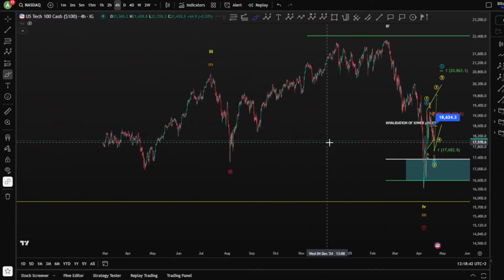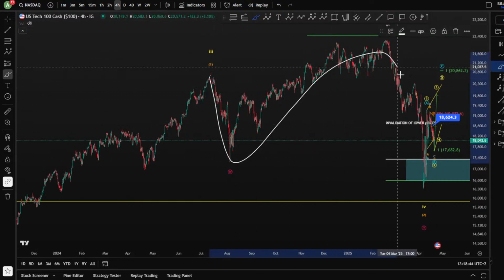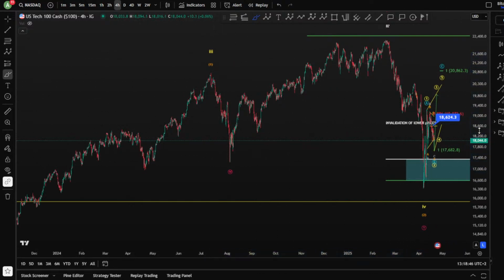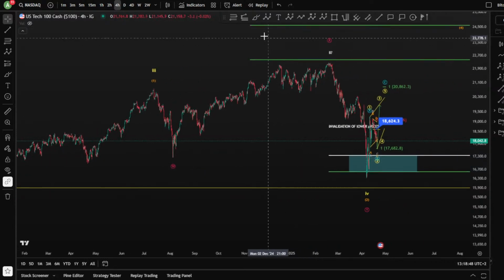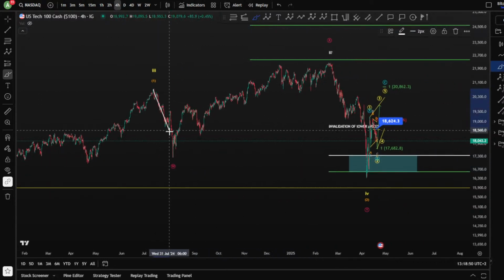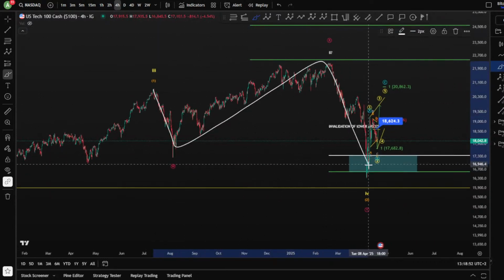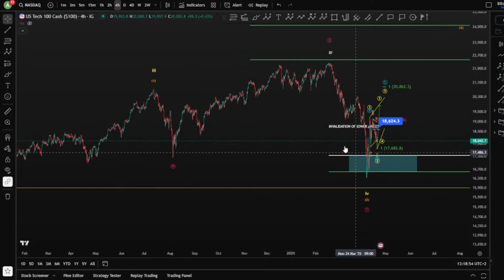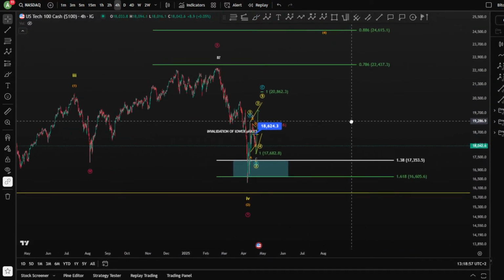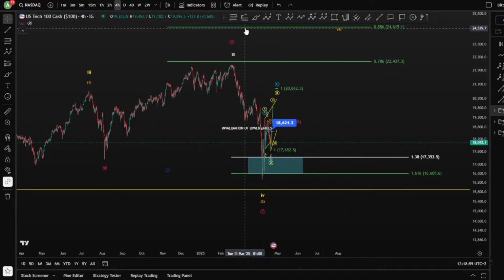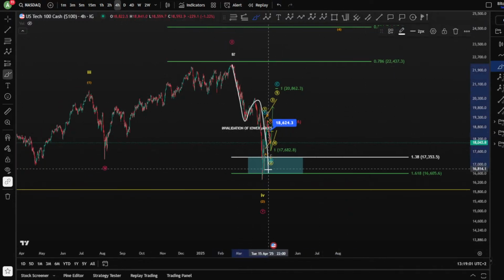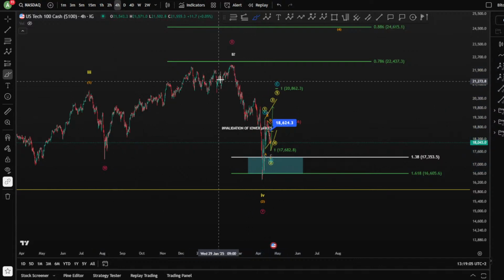In a bigger view, you have finished already a kind of WXY, or actually not finished. You have hit the target for an expanding flat, the 1.38 and the 1.618, but you hit those targets in only 3 waves, a structure, and not impulsive.